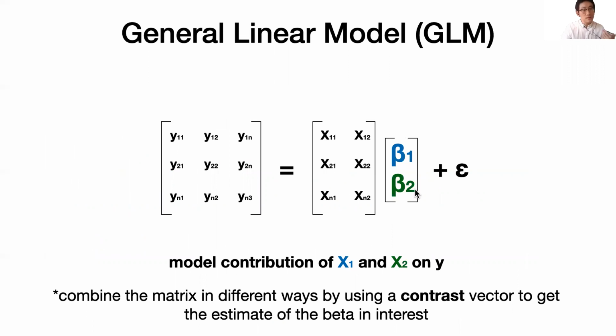And since the input and the variables are in matrix format, we can combine this with something called a contrast vector, which describes how to mix the input matrix for different purposes. So you can test more complex statistical models like ANOVA, ANCOVA, and t-test, or f-test on your data.